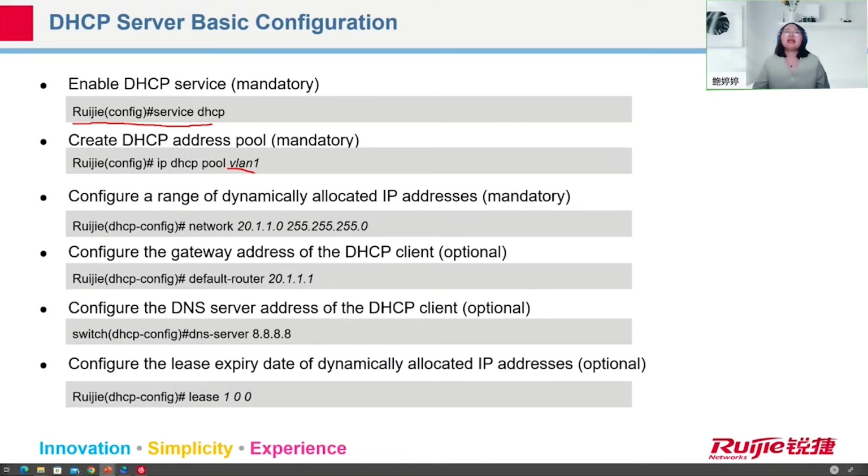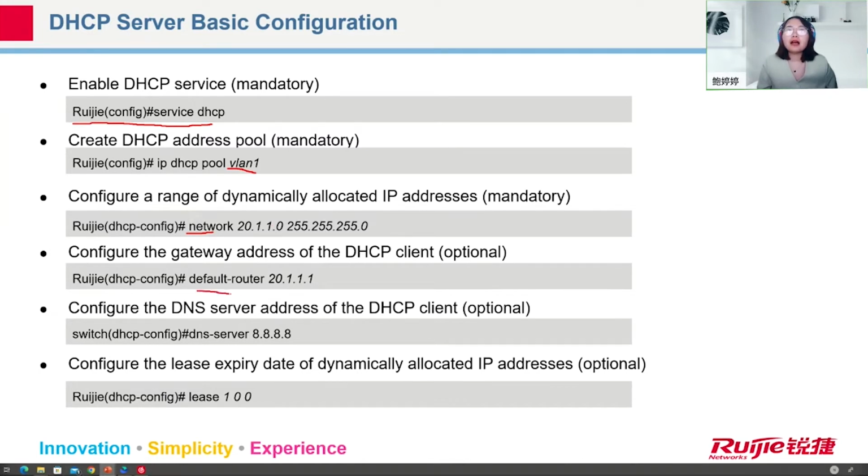And then we use this command, network, the IP address and the mask. This IP address and mask, the total range will finally define which IP addresses can be used. And here we give 256 IP addresses used for customers, right?